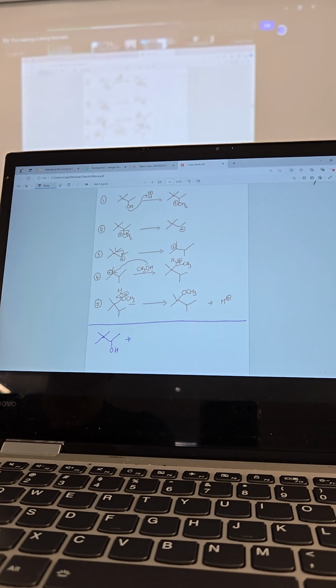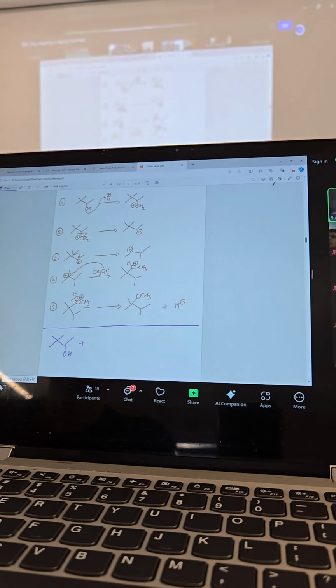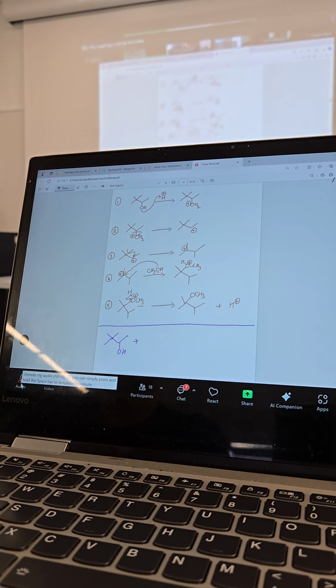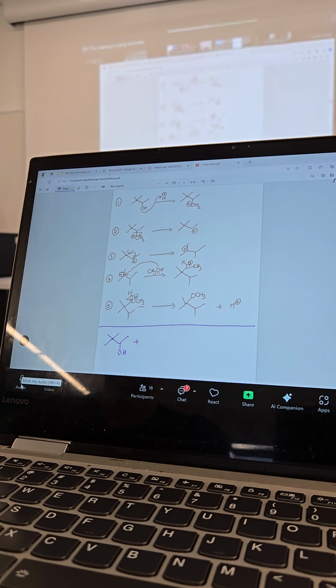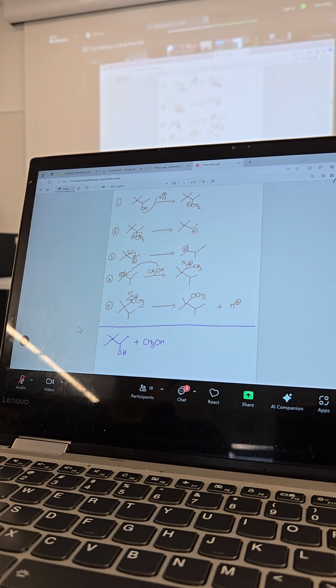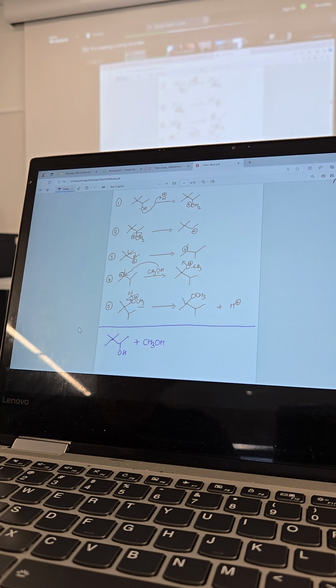Is there something else that does not get cancelled? CH3OH. That's a reactant. It reacted with the carbocation in step 4, so it's a reactant. Any other reactants?